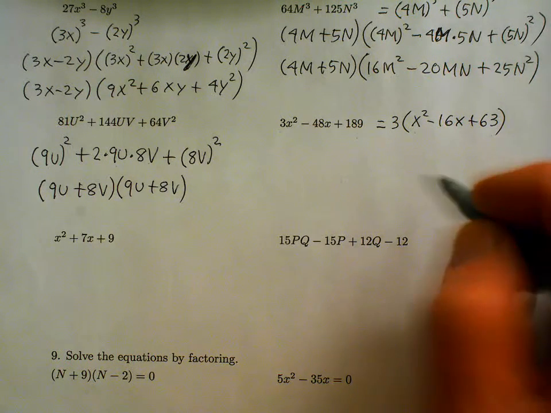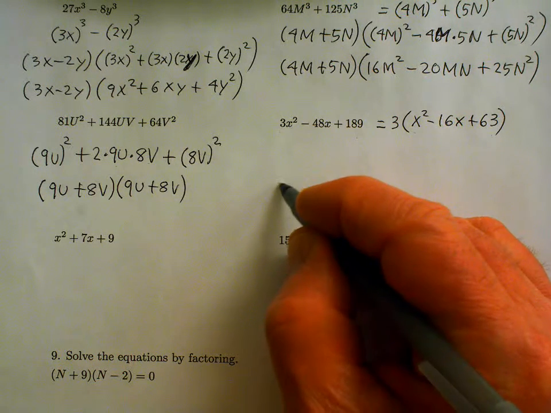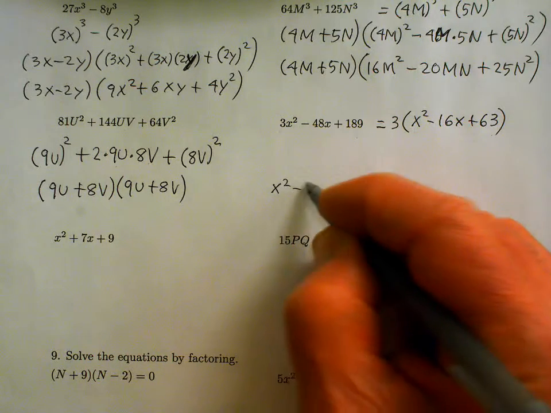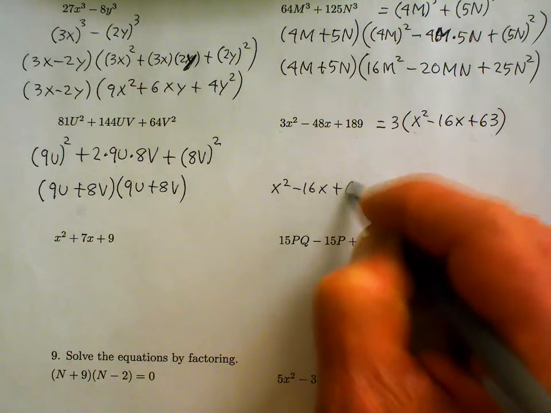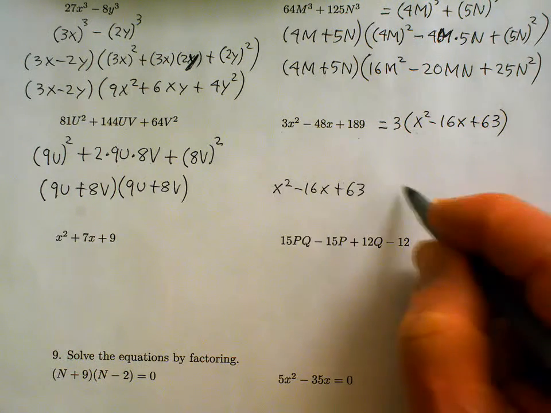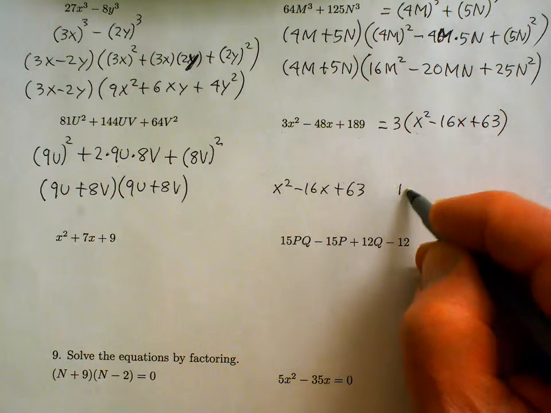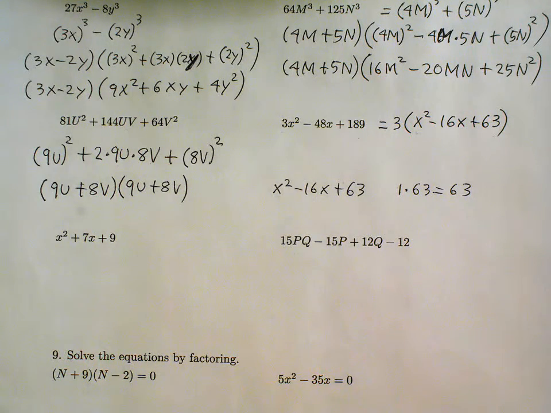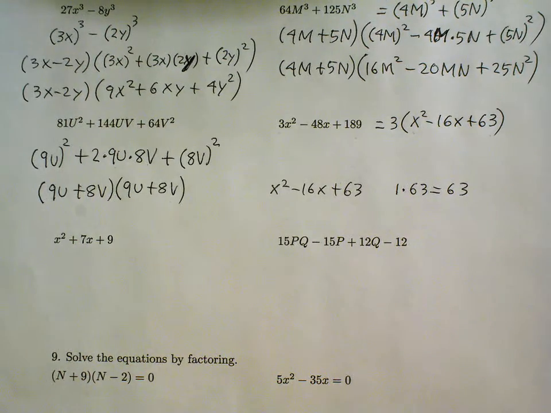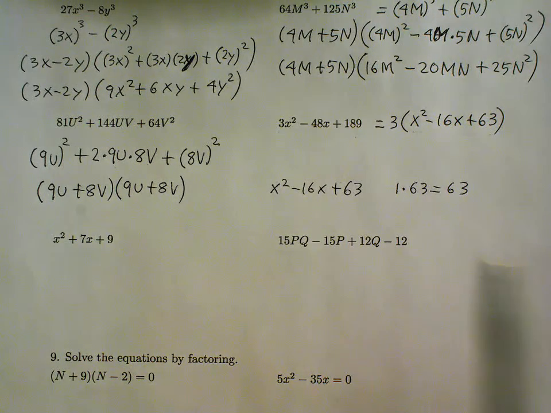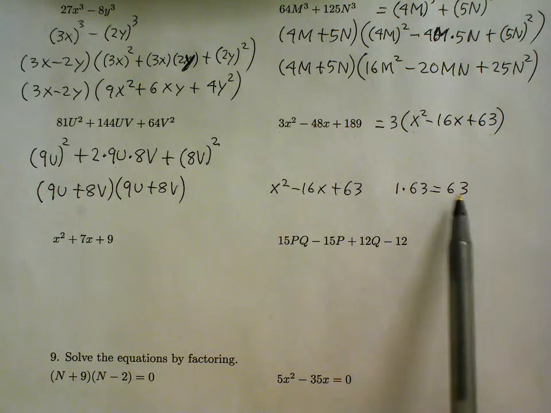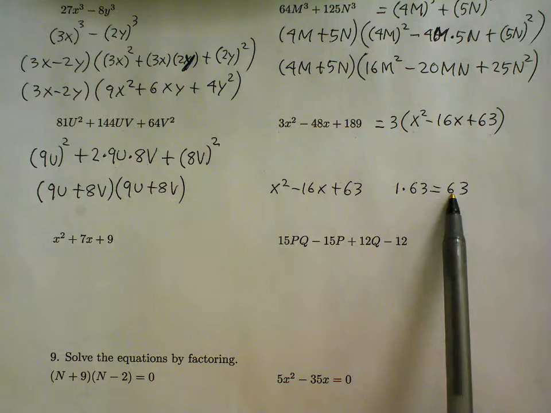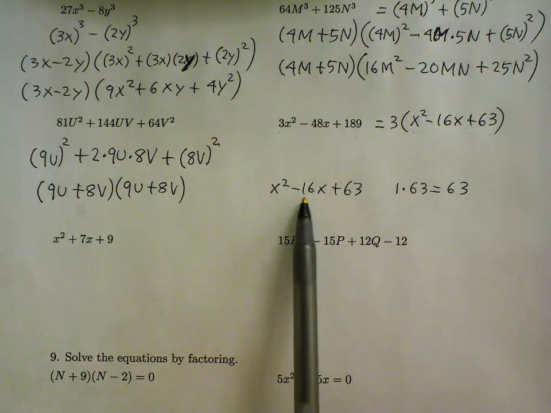So let's do that over here a little bit lower, x squared minus 16x plus 63. Use the AC method. 1 times 63 is 63. So two integers that have a product of 63 and a sum of negative 16.